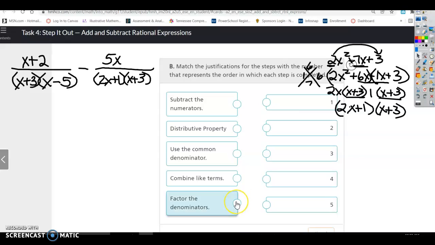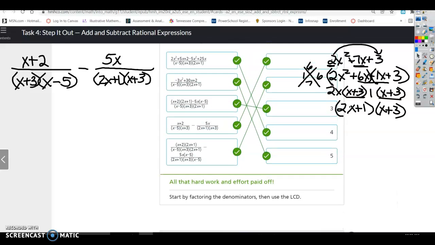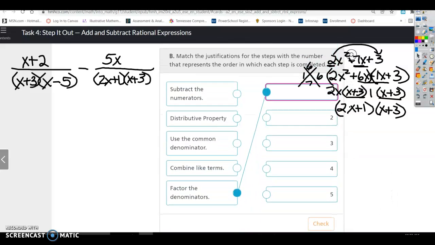So we did have to factor before we got a common denominator. Remember, I did have to factor first, so this probably is the first step. So we did go through and factor. And then we would use the common denominator after that. And then we would subtract the numerators, because that's what we do to solve the problem.